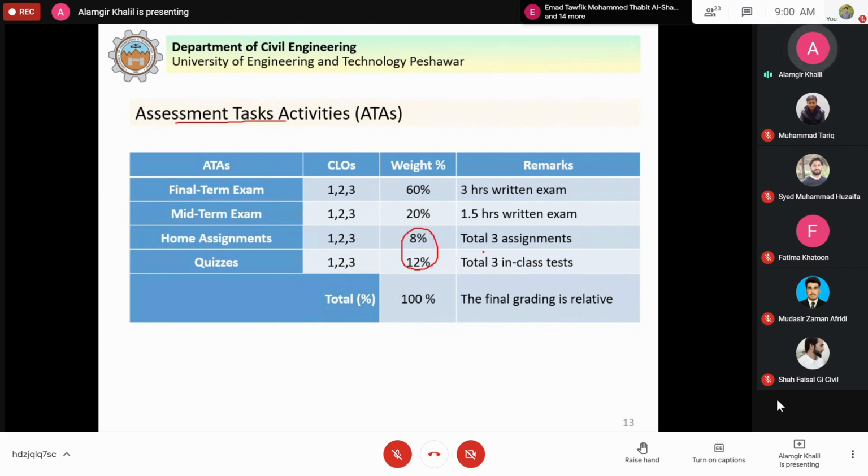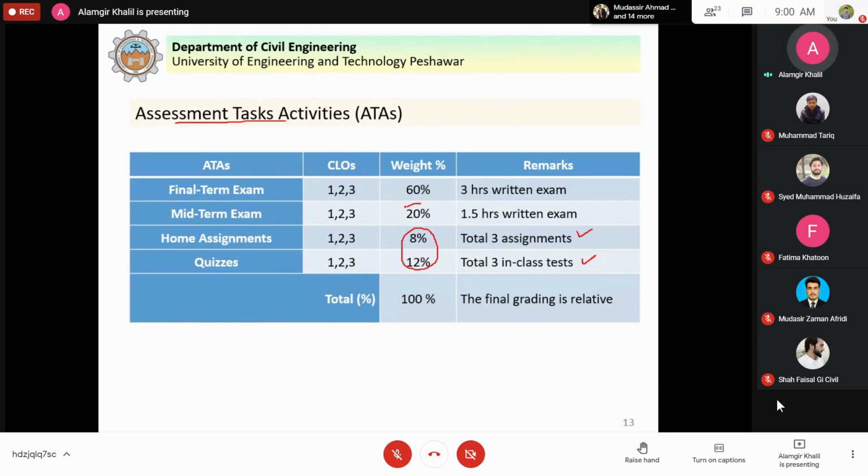Since this is a 3 credit hour course, there will be 3 in-class tests and 3 take-home assignments. If online classes continue, then we can have online quizzes.